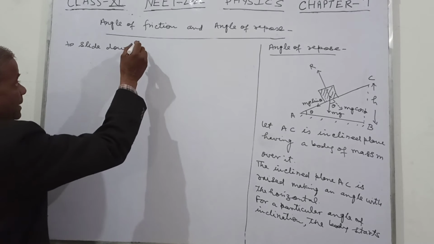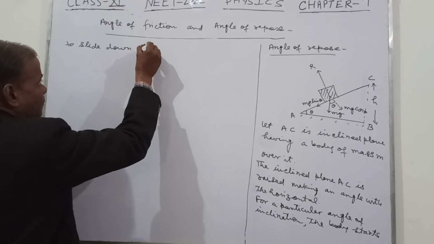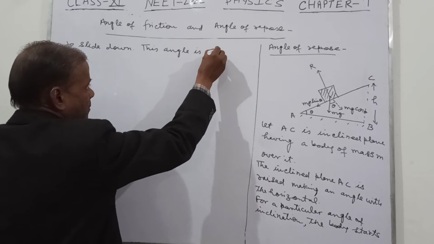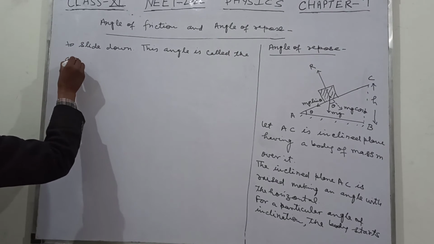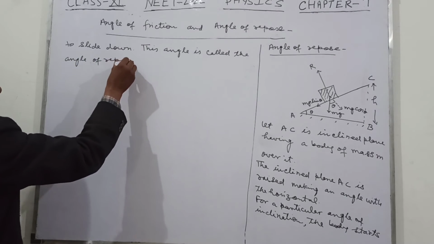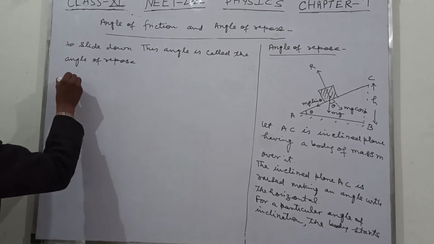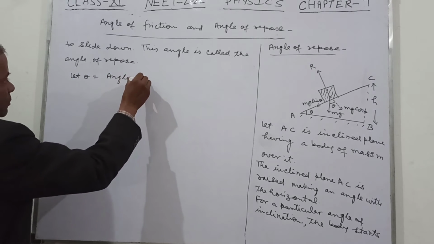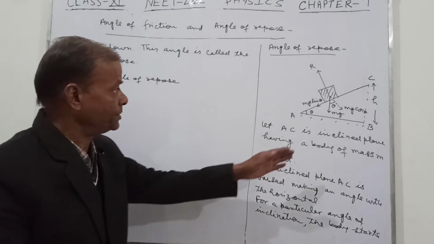This angle is called the angle of repose. So let theta be the angle of repose. The body starts to slide down.